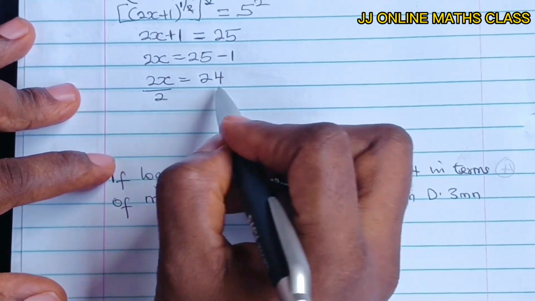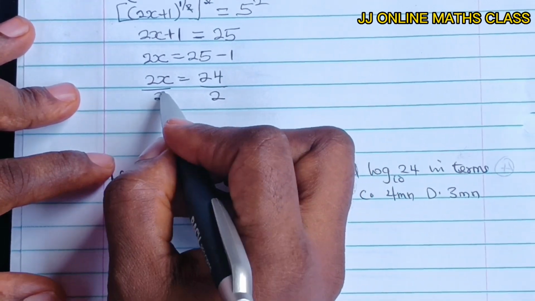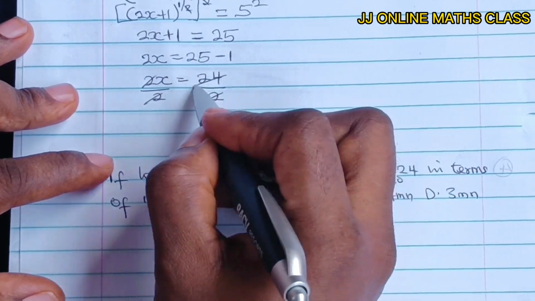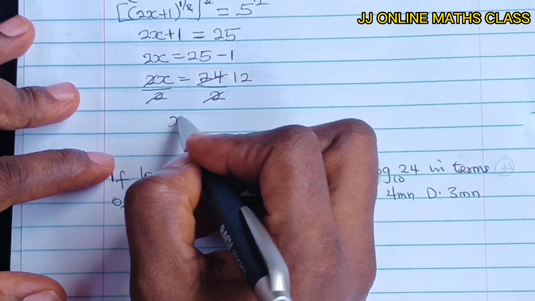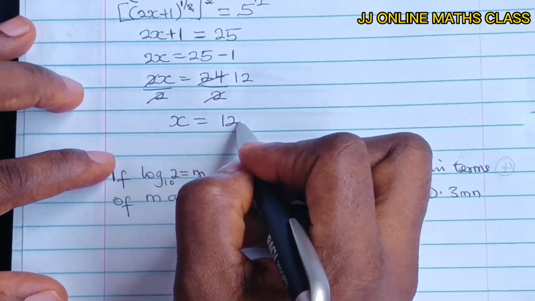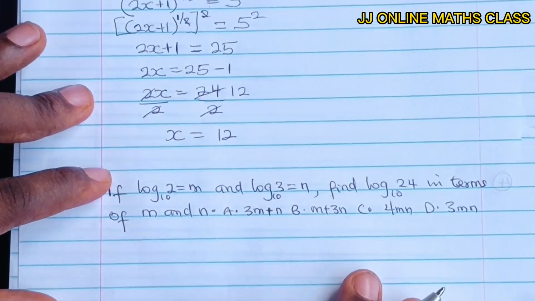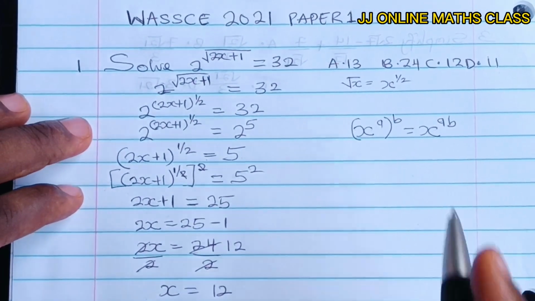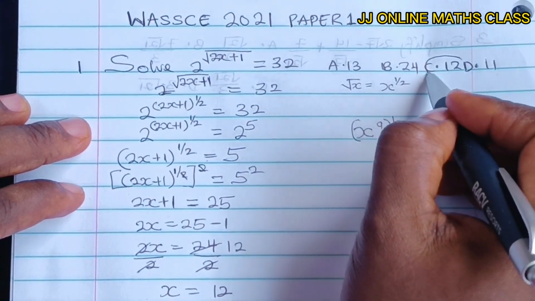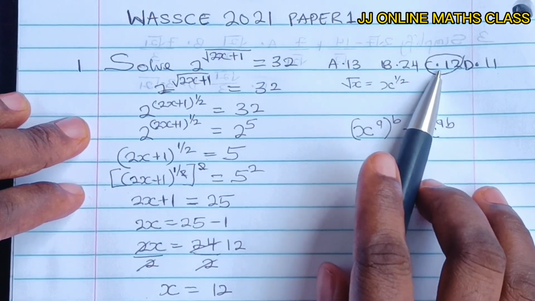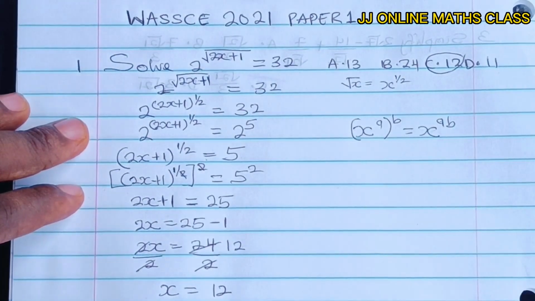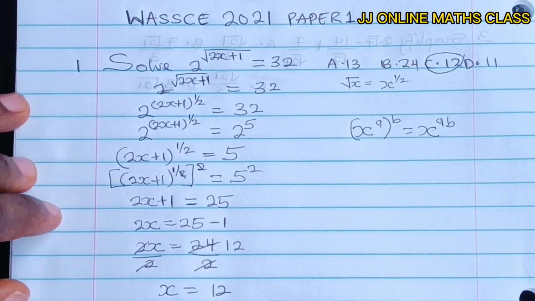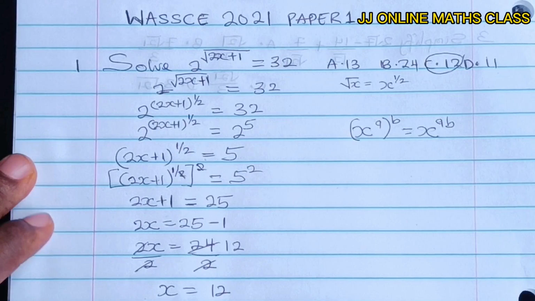When we divide both sides by 2, we will have that x is equal to 12. That means that the solution to this question is option C, which is equal to 12. All right, that is for question 1.